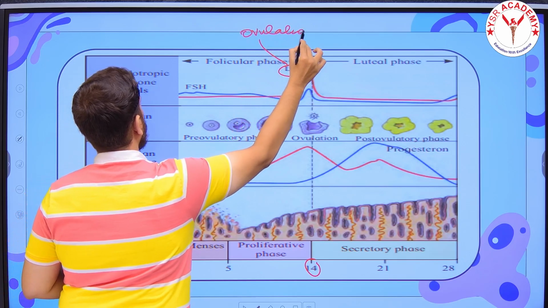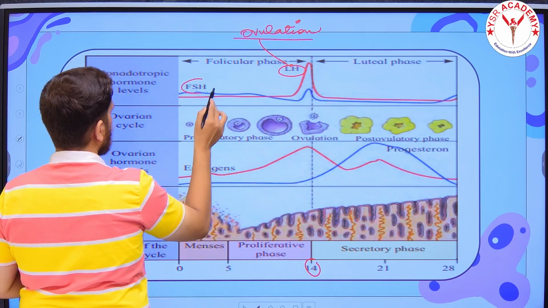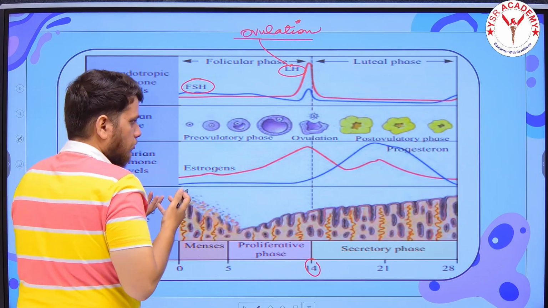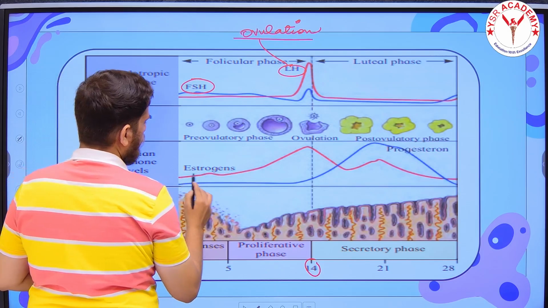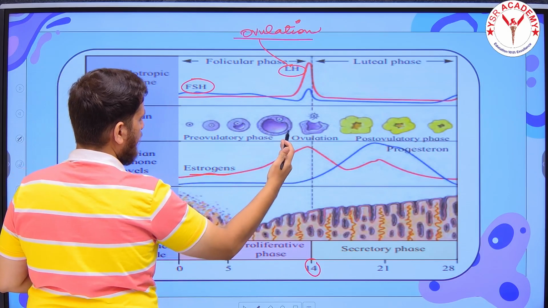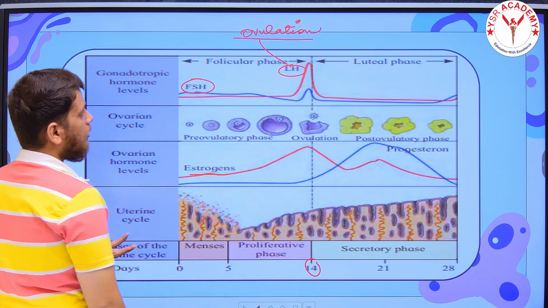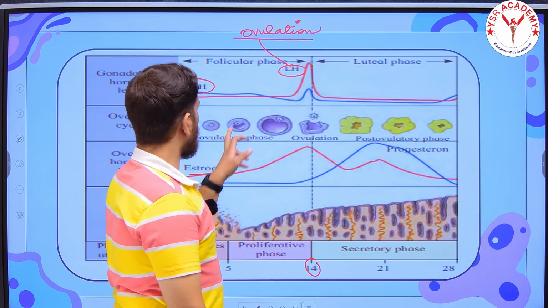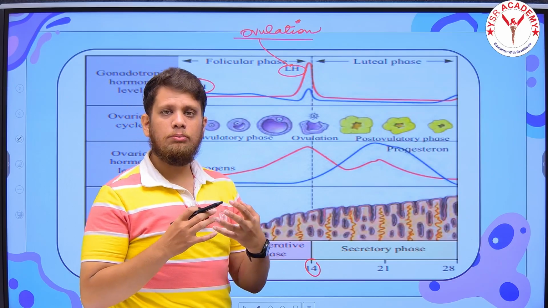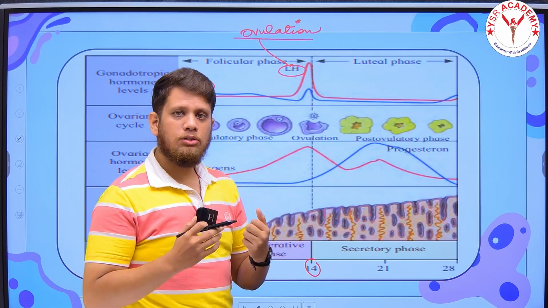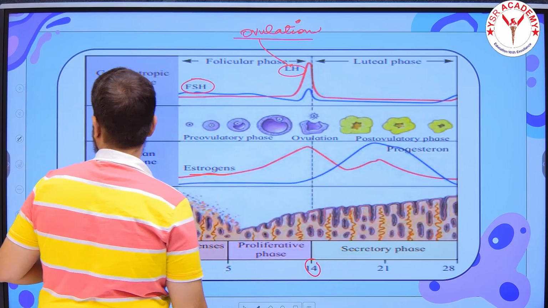So without LH, ovulation is not possible, and without FSH, development of follicles is not possible. Ovarian levels of estrogen peak near about 14 days. Progesterone also peaks later than day 14, because if the ovum released due to LH is fertilized, then you require that ovum to be implanted, and for implantation you require progesterone. So you have these phases to consider.